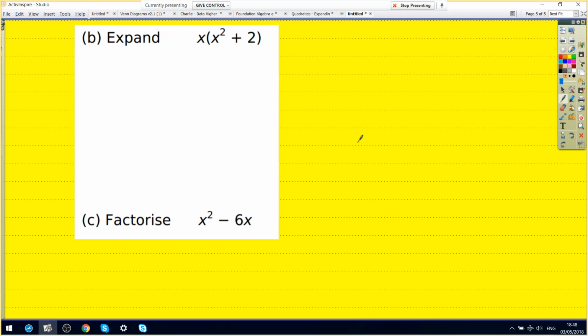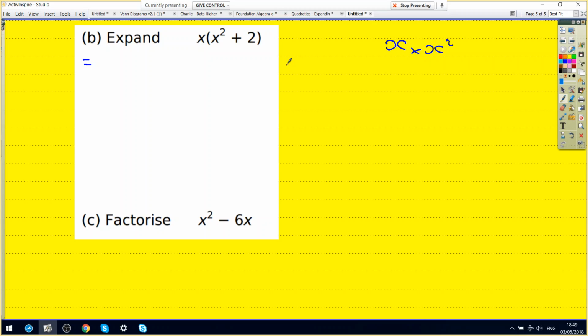So for the first one, would it be...? And the first bit wouldn't be x, would it? So x times x squared. You're multiplying a letter by a letter.